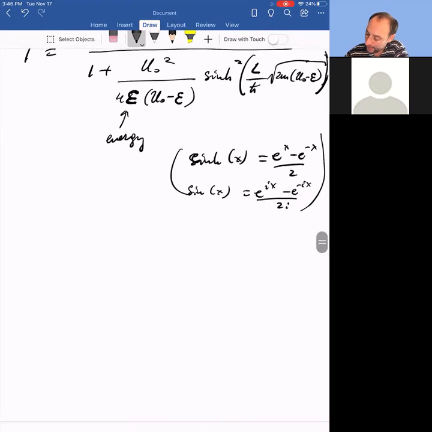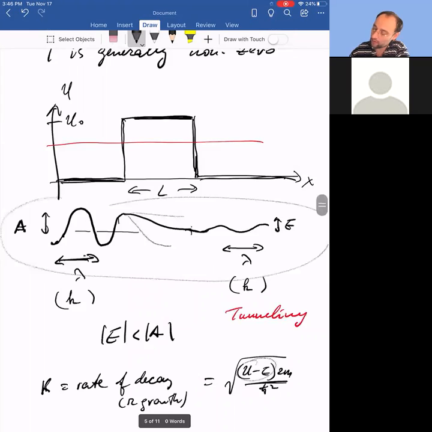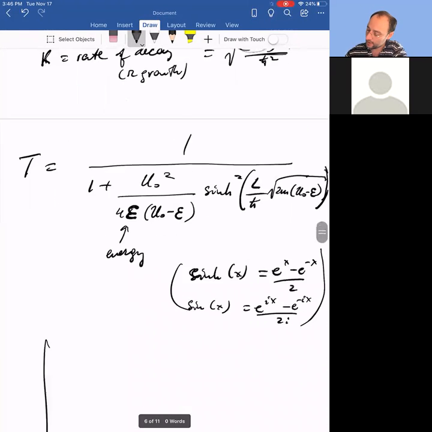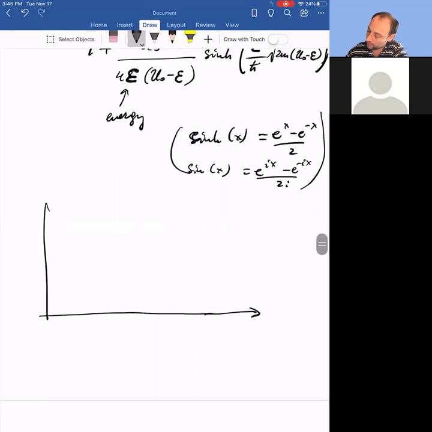And so if you plot this transmission coefficient, let's say starting with energy equals 0, you get up to U naught. It will look fairly unremarkable. It will be just some kind of a function that grows.